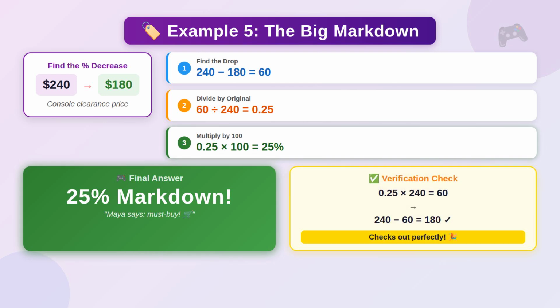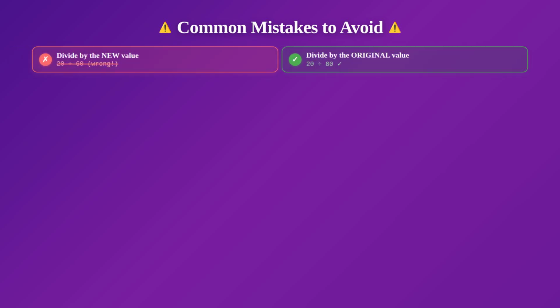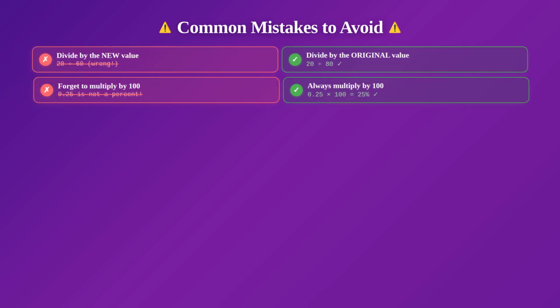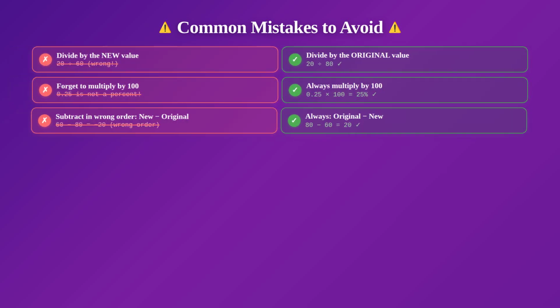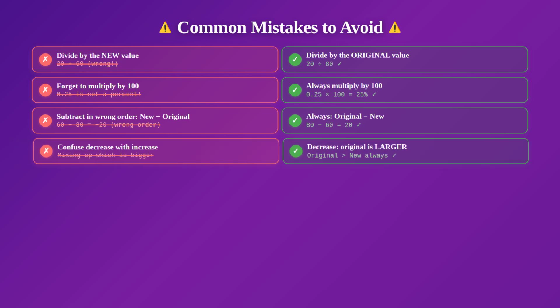Step 3. 0.25 times 100 equals 25%, a 25% markdown. Maya sees this deal and calls it a must-buy. Let's also double-check. 25% of 240 is 0.25 times 240, which is 60, and 240 minus 60 is 180. Checks out perfectly. Before we wrap up, let's talk about the sneaky mistakes people make, so you can avoid them.